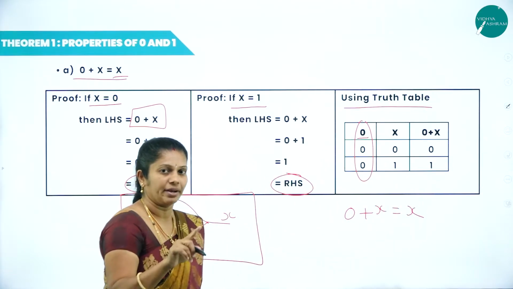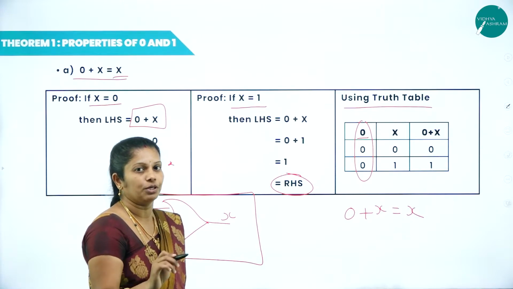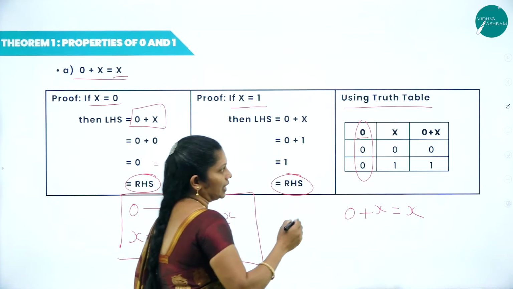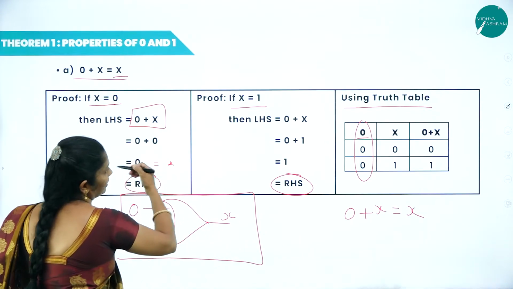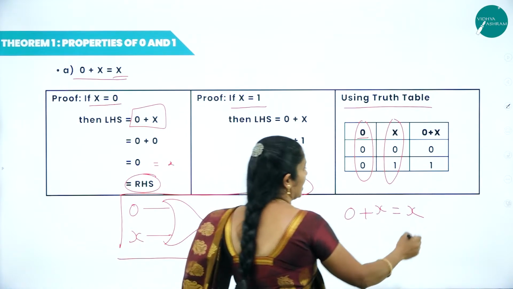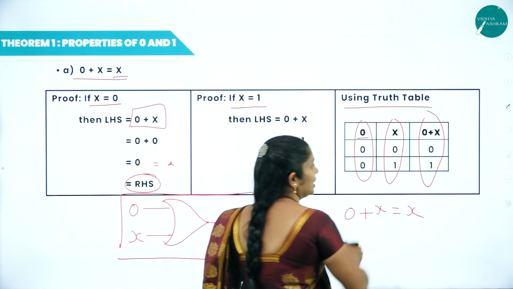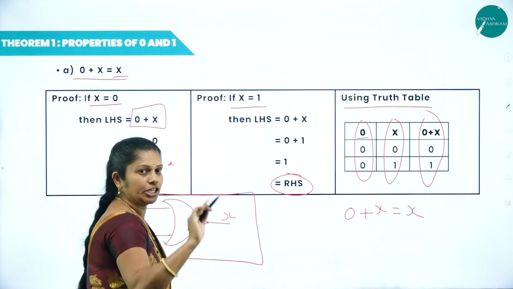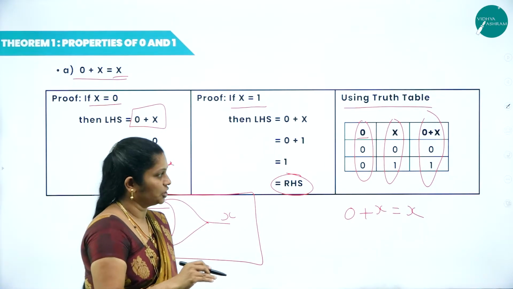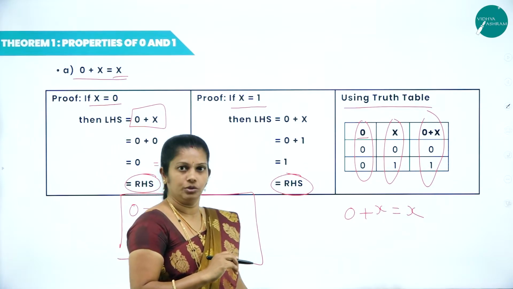When you have the plus operator, then if any one of the inputs is true, the output becomes true here. That's why 0 plus 1 is 1. That's why here we can say that the x value, that is 0 and 1, is same as the 0 plus x value. Three things you have to write. One is the circuit diagram, and then you have to prove that by using the perfect induction method. Then you have to write the truth table.